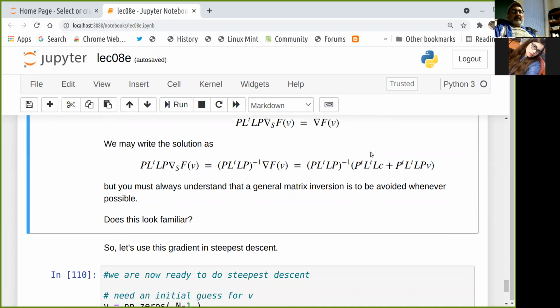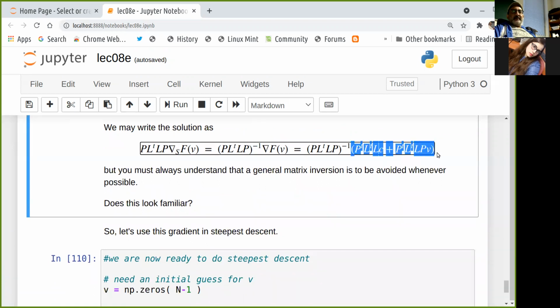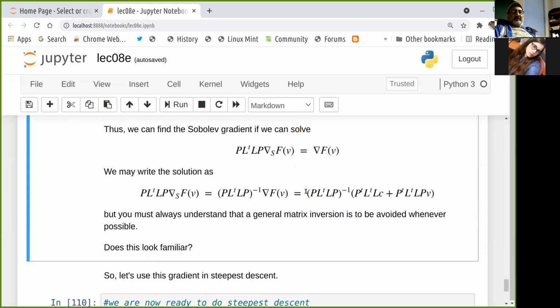Okay? And what was the old gradient that we calculated before? That was this thing in the round brackets here on the right-hand side. So you have to take the inverse of P L transpose LP inverse times this old gradient, and that gives you the new gradient. Again, you never want to take matrix inverses if possible.